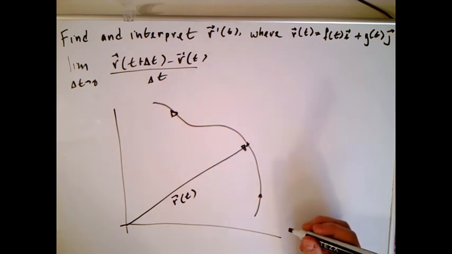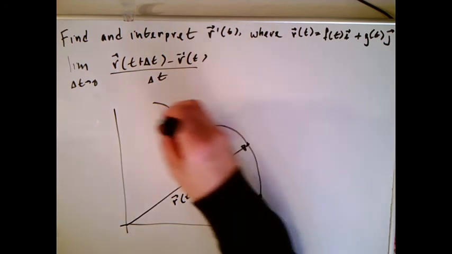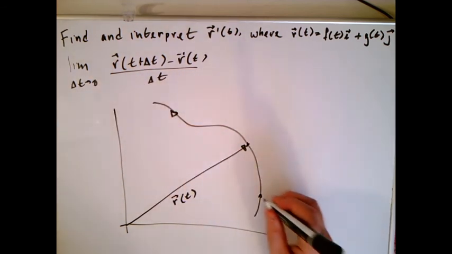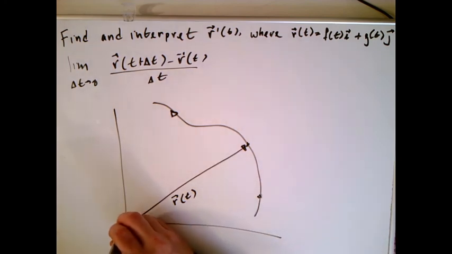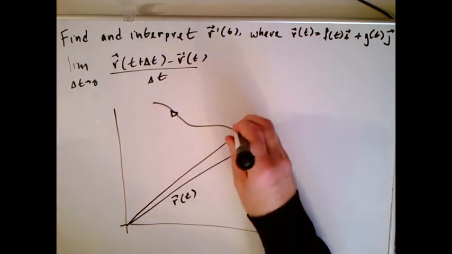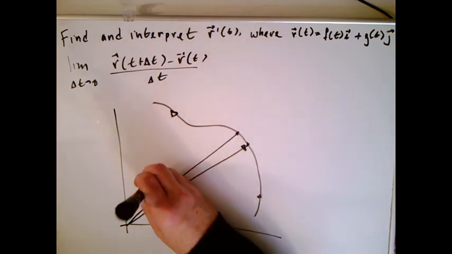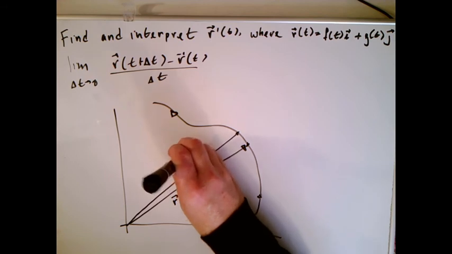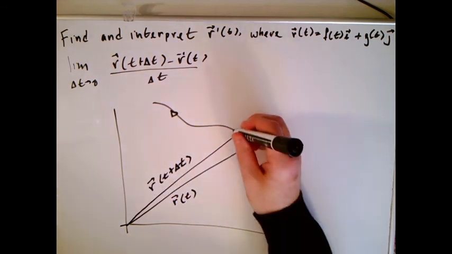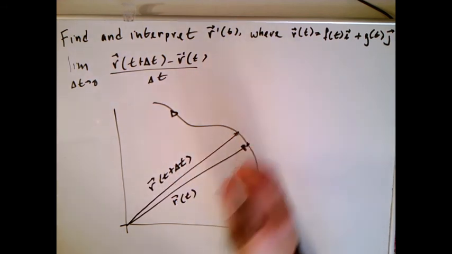Now what is r of t plus delta t? Well, that says let a little bit of time go by and then find the new location. Since the direction is from right to left at the moment, r of t plus delta t is just going to be a little bit further along the graph, like that. Now, how does vector addition work?